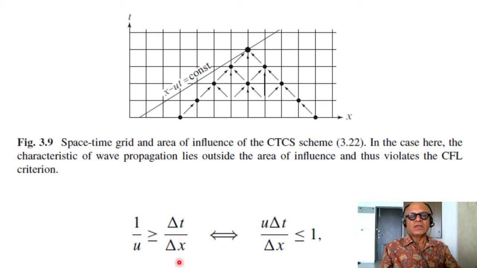So that means you can either keep this smaller than 1 by increasing delta x, in which case your resolution is lost because you want to predict at as small a scale as possible, or you can reduce delta t to keep this small, in which case your integration is going to take a long time. Computational cost is going to be very high.